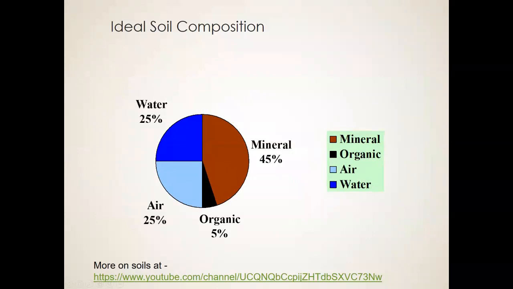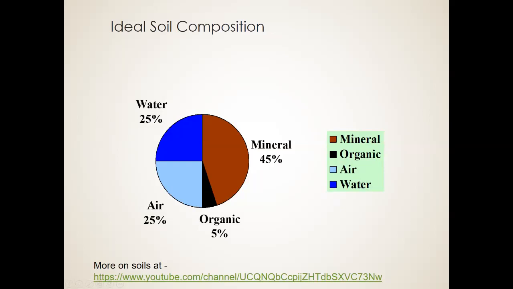So an ideal soil, this is kind of the dream soil, is going to be majority mineral content. So that's going to be the inert mineral, inorganic materials. Then we have organic matter, and that's the lowest percentage. That organic matter is going to be comprised of materials that are both living and non-living.